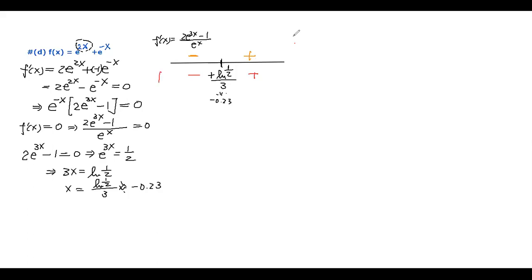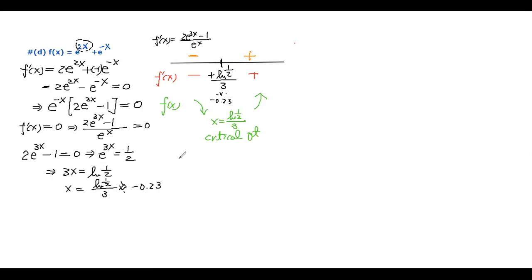We said this is f prime x, and to be consistent, the f of x here will be decreasing and then increasing, right? So x equal to the natural log of 1/2 over 3, this is my critical point. Okay, so now let's write it.